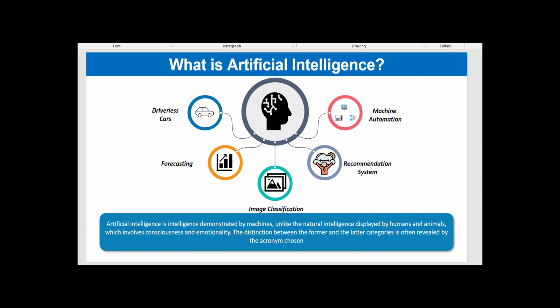The distinction between the former and the latter categories is often revealed by the acronym chosen. So everything around us is artificial intelligence, and in the future also, the growth is very high day by day.